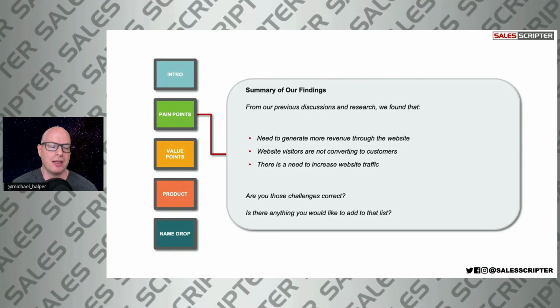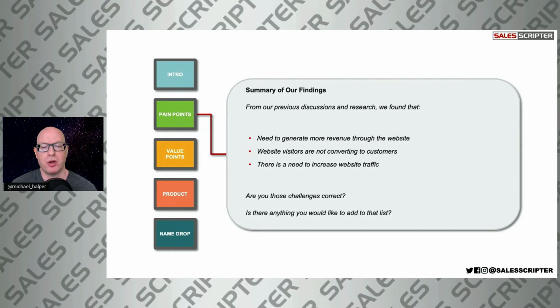And ideally, these could map or match up with the pain points that you help with: you're having challenges with this, you're having challenges with that, and you want to improve this. And then you want to confirm with them, do I have those correct? Is there anything you want to change or add to that? So right here on the front end of the presentation, it's all about the prospect and maybe learning more about them by getting them to add more to your findings, and you're confirming that you have everything okay.